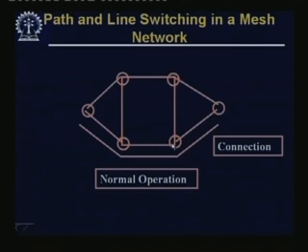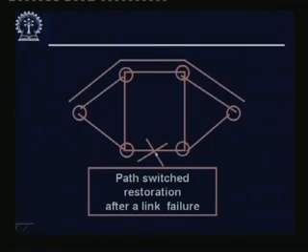So, let us look at some diagrams once again. Say this is the mesh network, once again the same 6 node network, and this is the normal operation, that is the communication from node 1 to node 6. Now, there is a link failure over here.